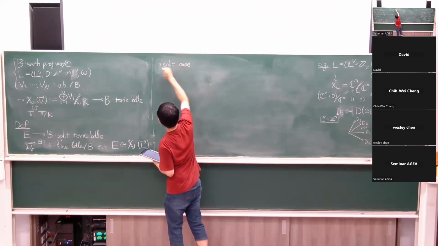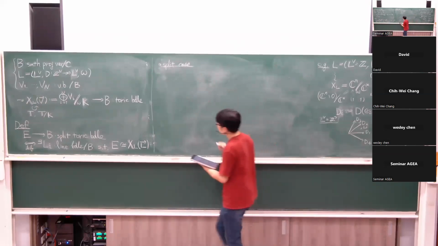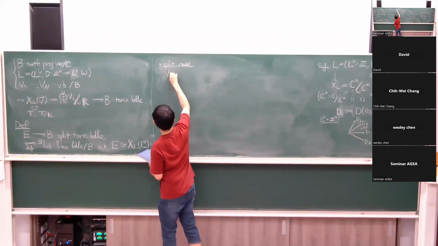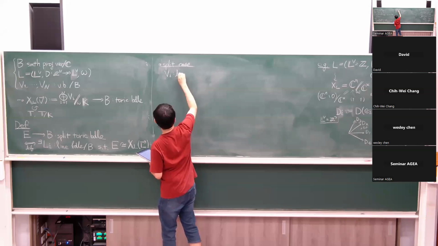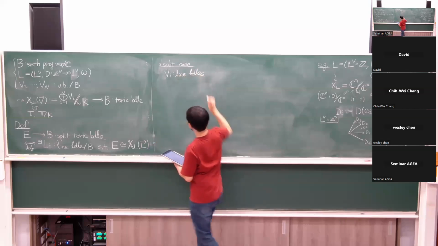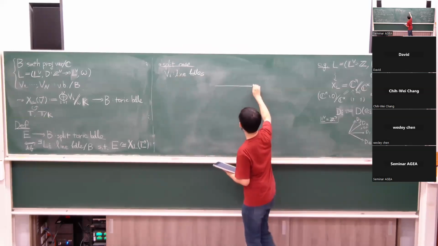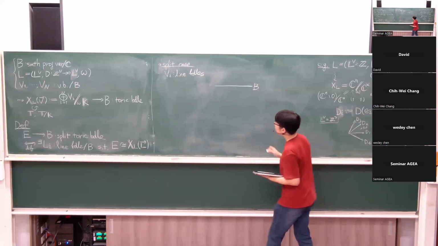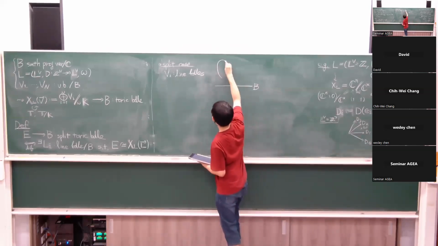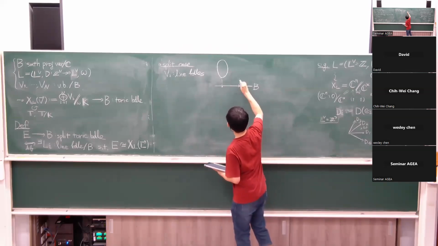So I first explain the split case. We set E_i to be line bundles. And then the toric bundle can be described as this.